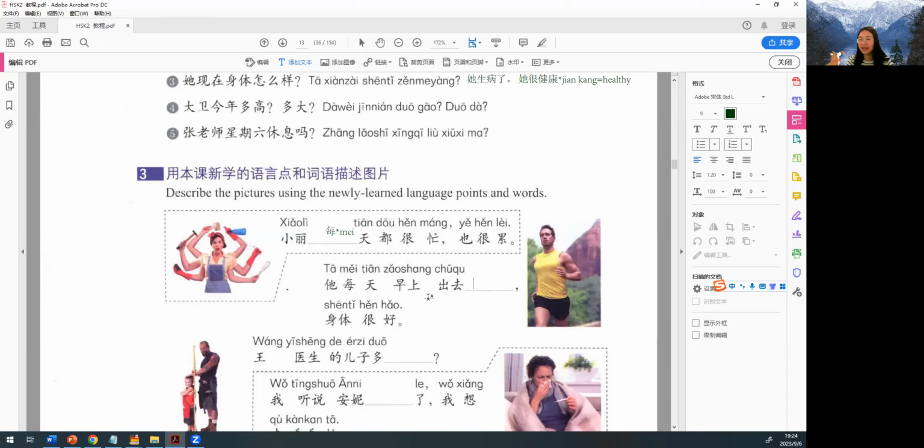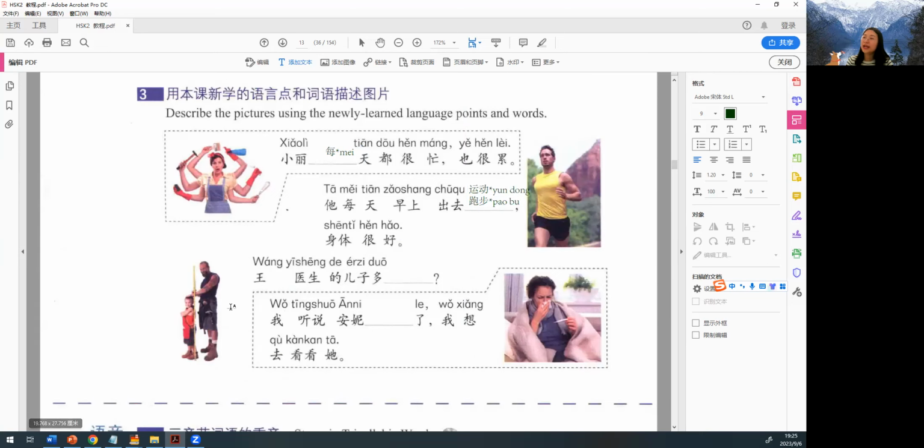So here it is 每天早上, every morning, go out for sports, 运动. Or we can say it more specifically, jogging, running. This is 跑步. The pinyin is 跑步.